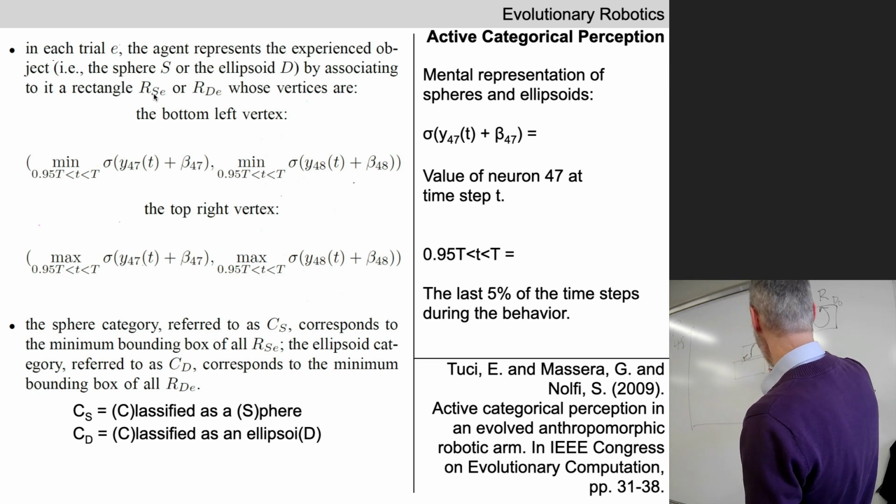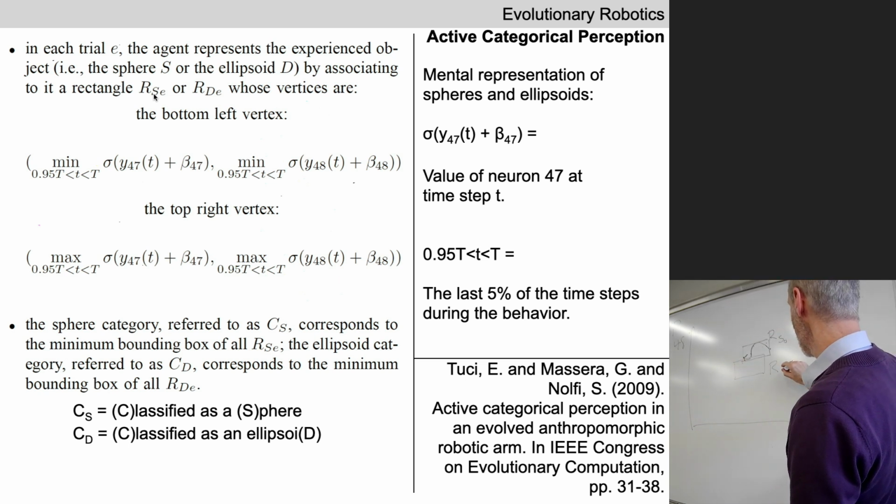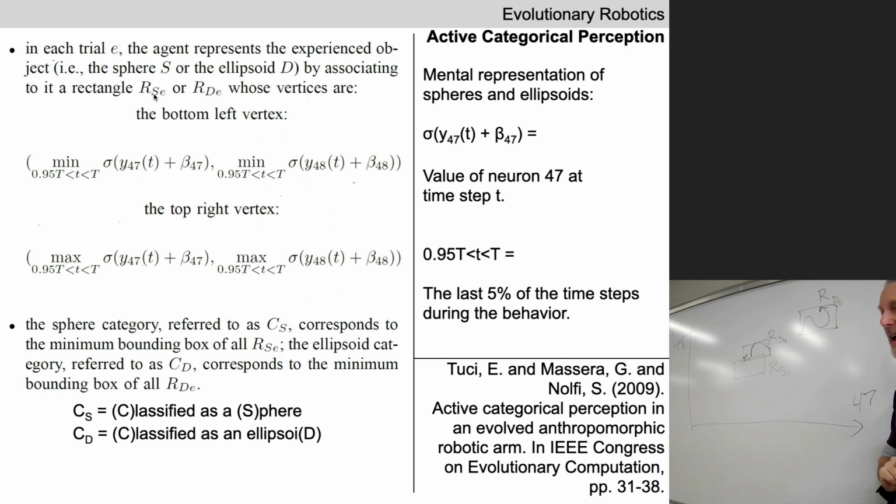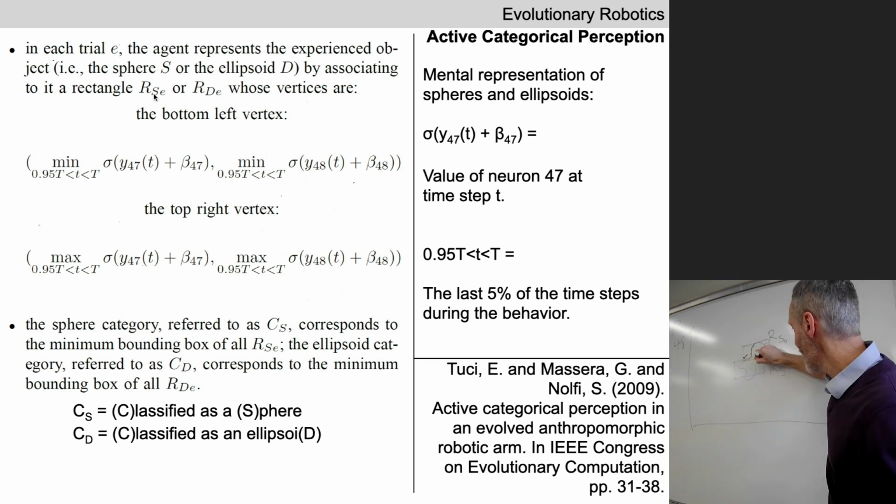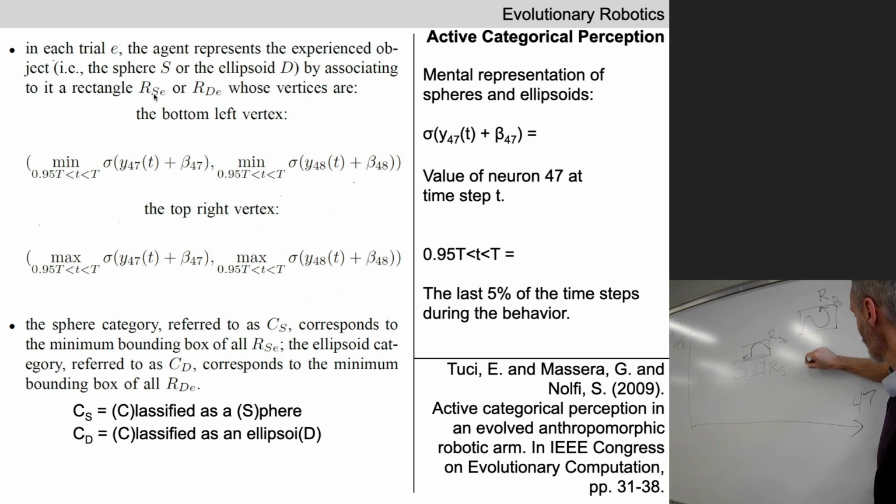Let's assume that when the robot, or when this CTRNN is in the presence of the sphere for the second time, it produces this trajectory, and when in the presence of the second ellipsoid, it creates this bounding rectangle. Okay.